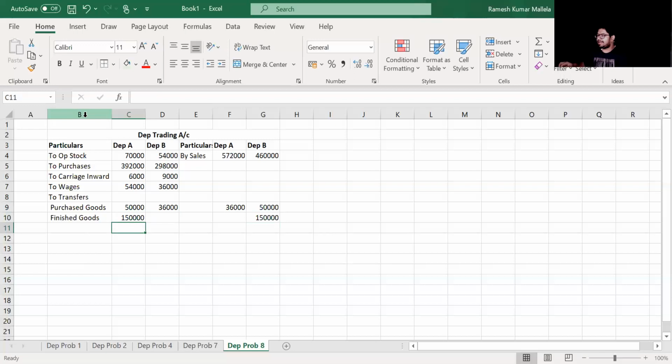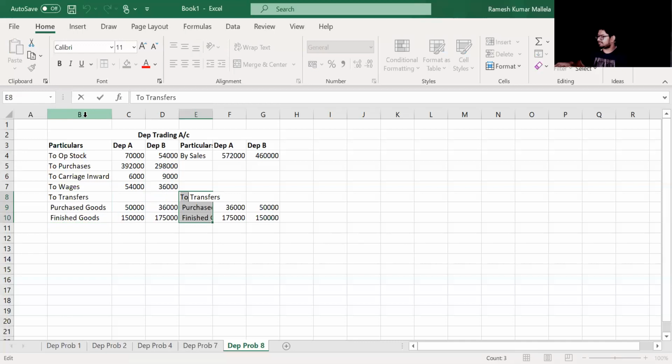Okay. And from A to B it is 1,75,000. And in A column, it should reduce by 1,75,000. So we are crediting. Okay. Next. So these are basically nothing but transfers. Here it is by transfers.